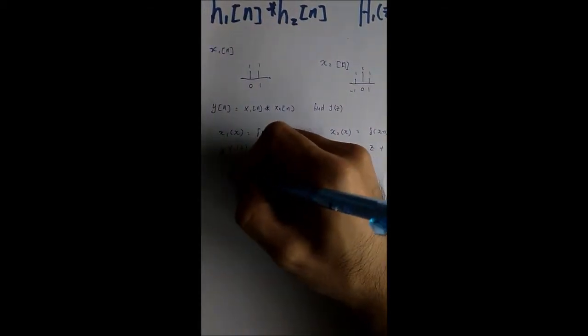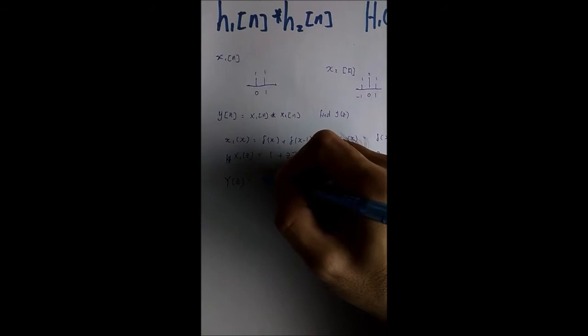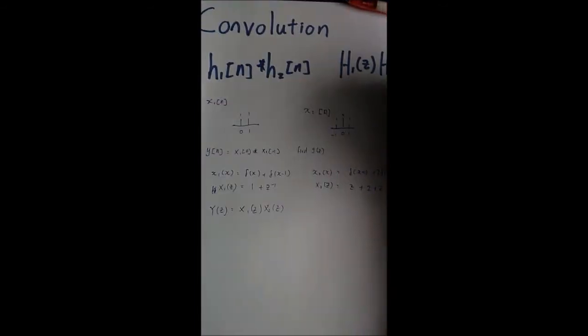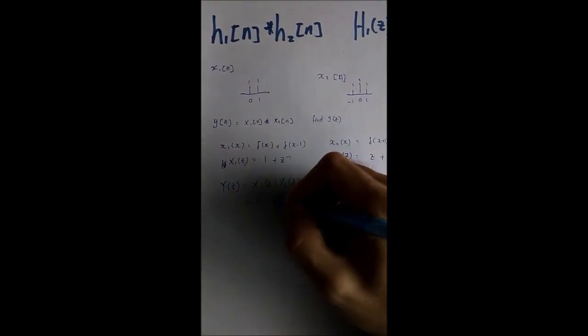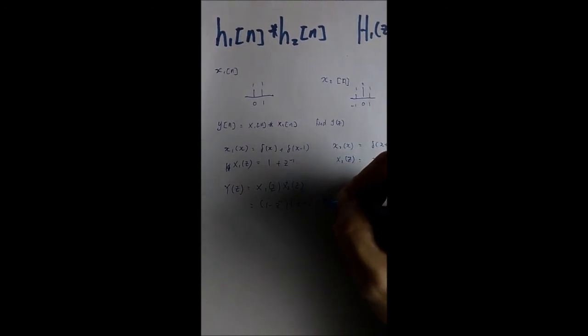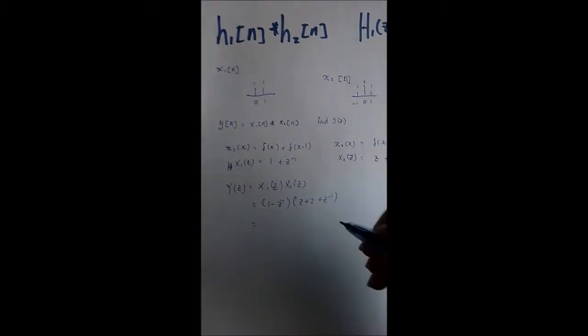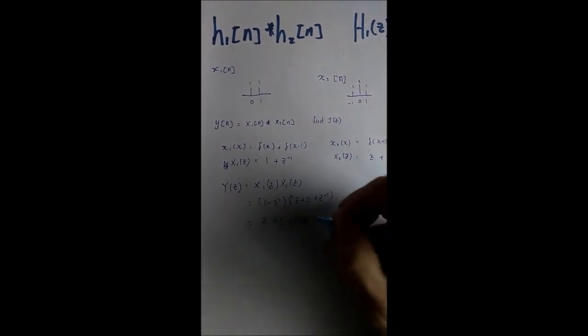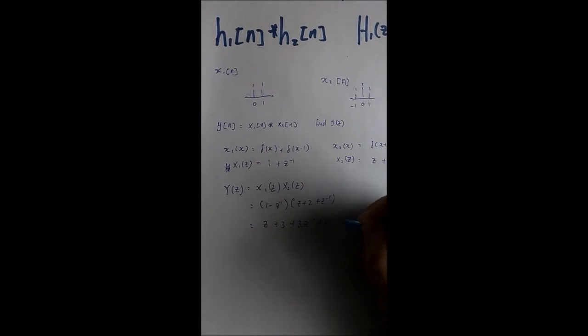So Y(z) is equal to X1(z) times X2(z), which follows the table of convolution, which we will get this. That's the solution for convolution.